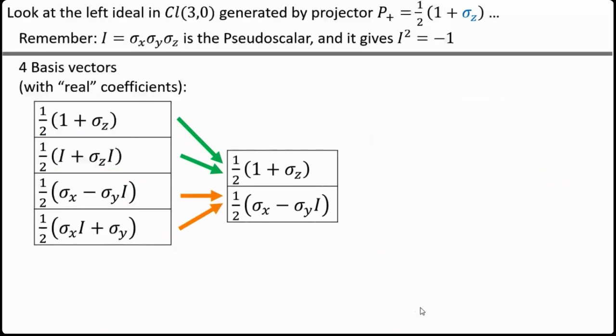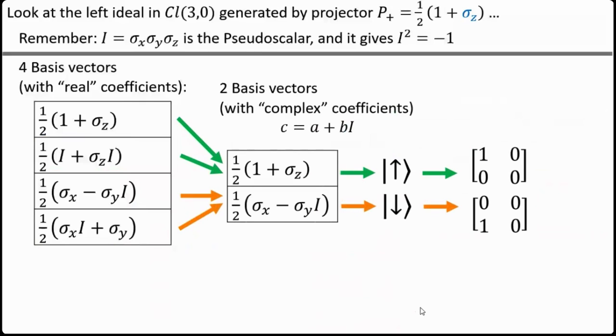Yeah, so 4 real dimensional, this is just a summary. These matrices are just these two. And again, we have a complex coefficient for this basis vector, and a complex coefficient for this basis vector.